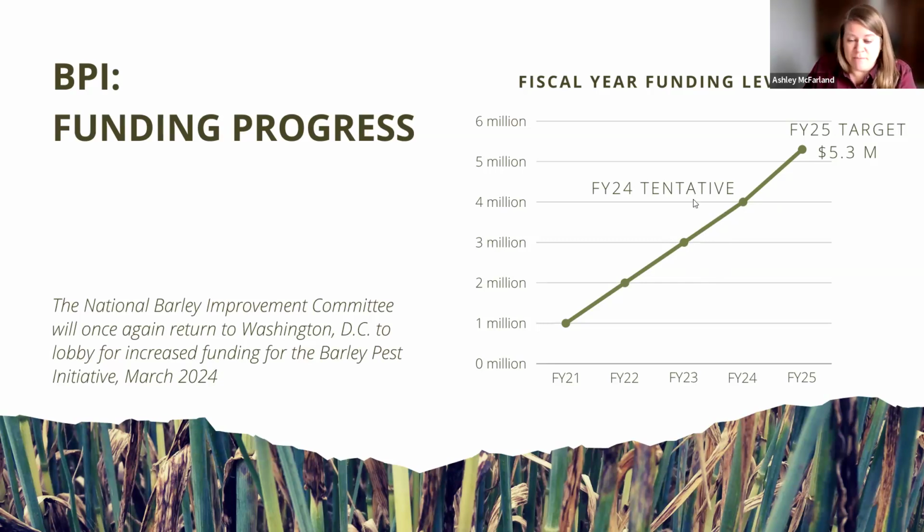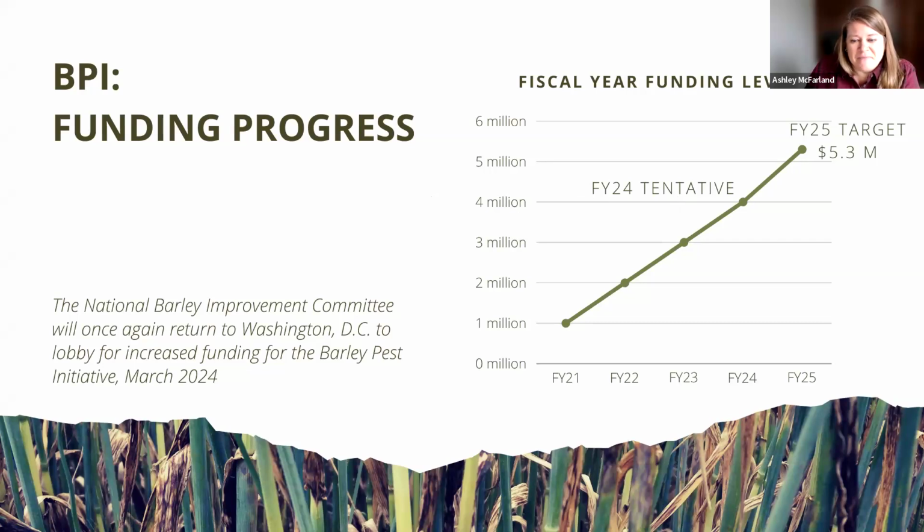Would be great if it came to fruition before FY25, but I'm not sure. The next budget round deadline is October 1 for the Ag Appropriations budget. So hopefully we'll have some good news by then, but not holding my breath with as many times as we've had to kick the can down the road lately. But very exciting that we're up to that $4 million. And I will just say that when we go to DC in a month from now, we will be asking for that full appropriated amount of $5.3 million.